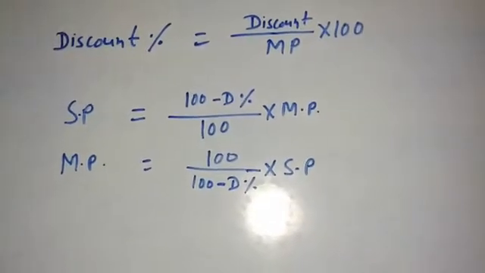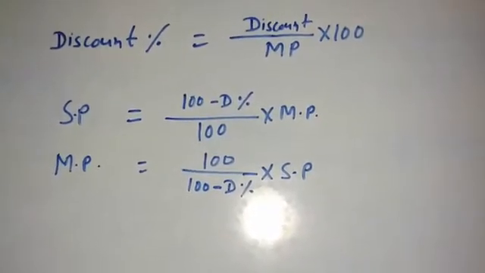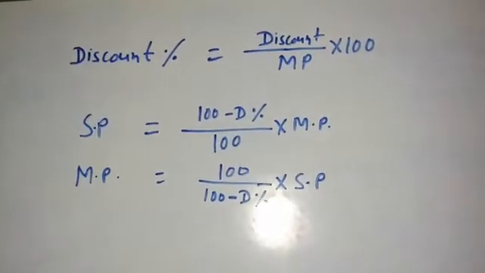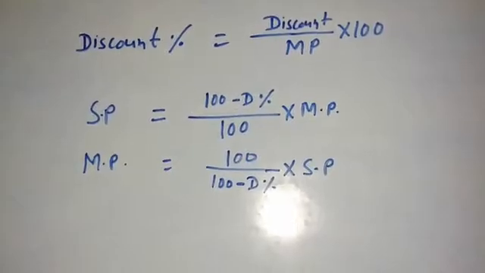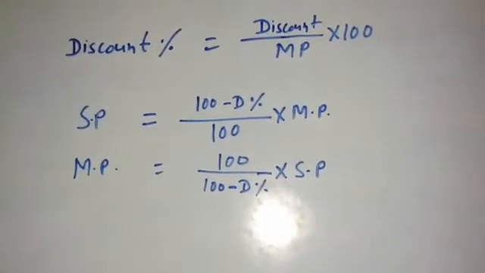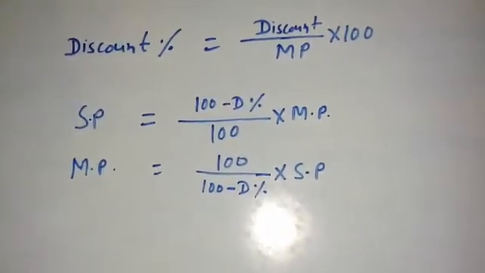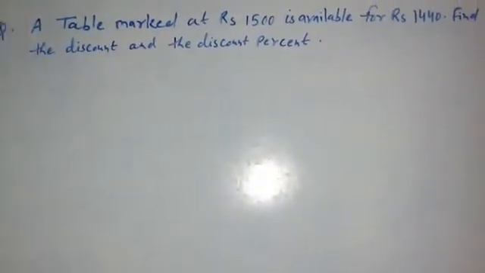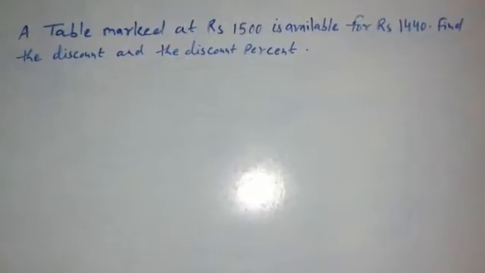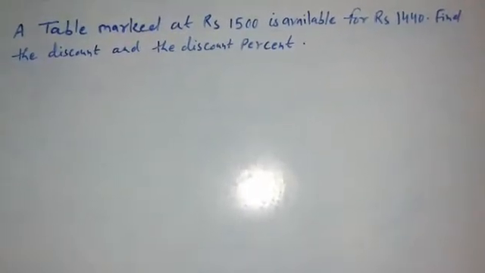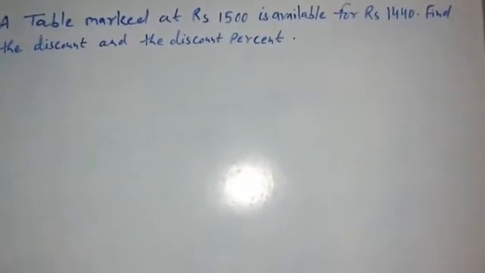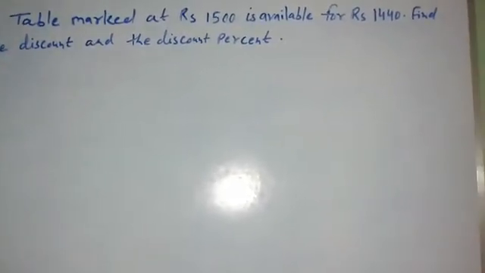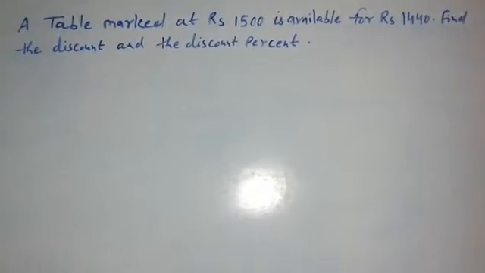Let us understand by seeing some examples related to these formulas. A table marked at rupees 1500 is available for rupees 1440.